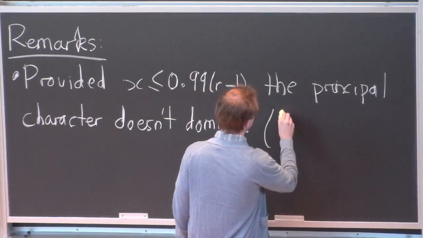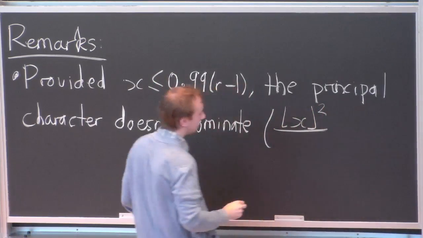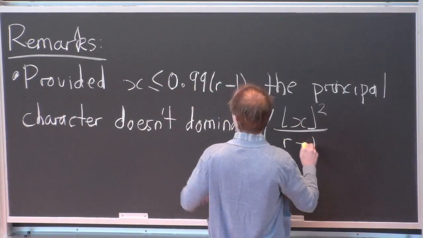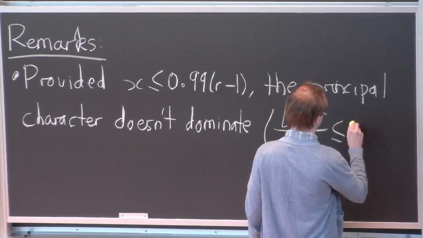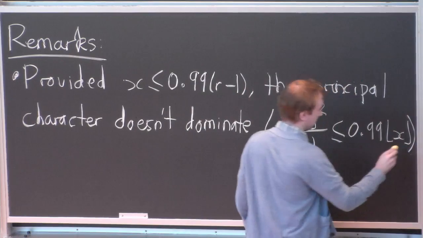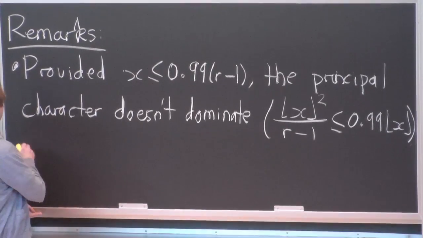And in fact, you can see, so the contribution of the principal character, well, it's floor of x squared, but there's only one principal character, so we divide by r minus 1. And then under this condition, this is at most 0.99 floor of x. Okay, so I can remove 0.99 floor of x from floor of x and not change the order of magnitude of the answer. So for most of the things I'm going to say, you can put the principal character in or take it out if you want. It doesn't make any difference.